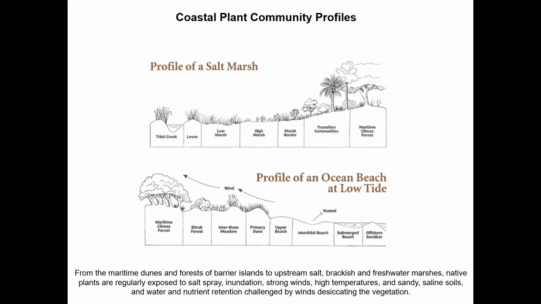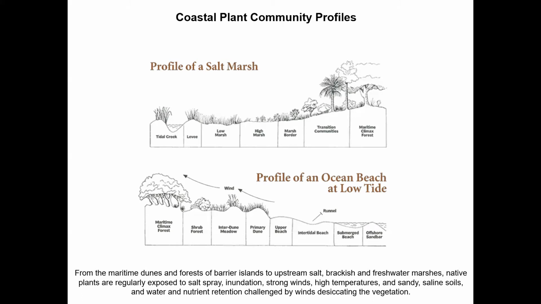What you'll see is once you get to that maritime forest, you will then have a canopy that is further removed from the waterway itself. And that canopy will also provide shelter and some resilience to salt tolerance within the canopy structure and the understory plants. And a similar idea is with the ocean beach.